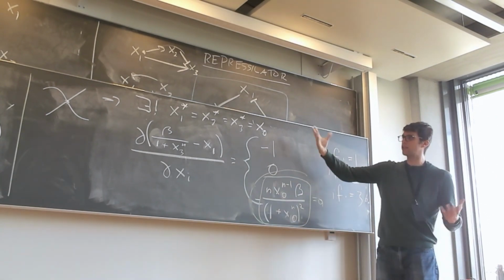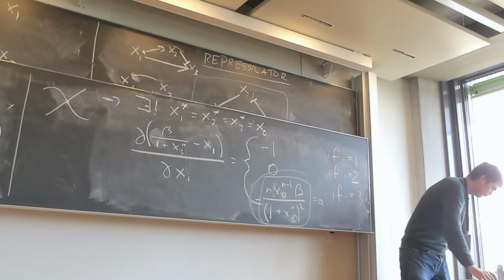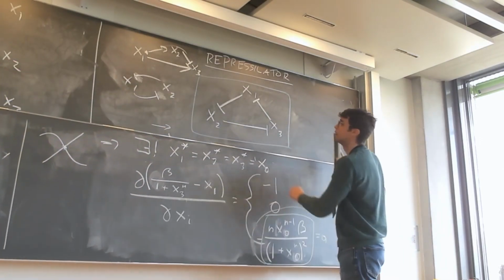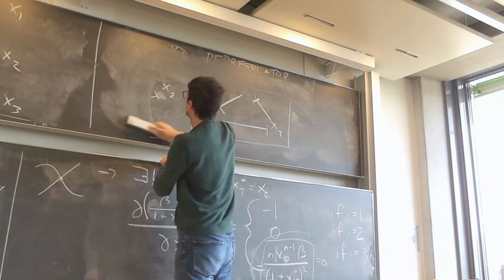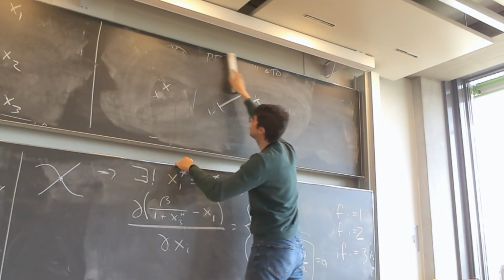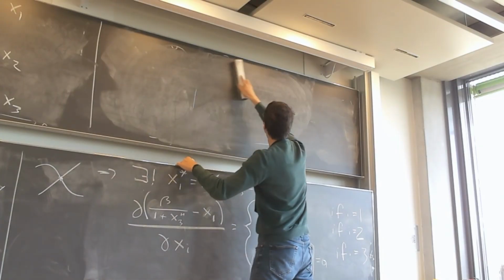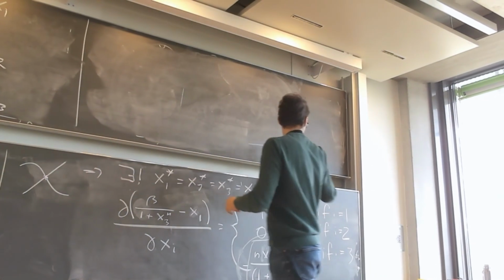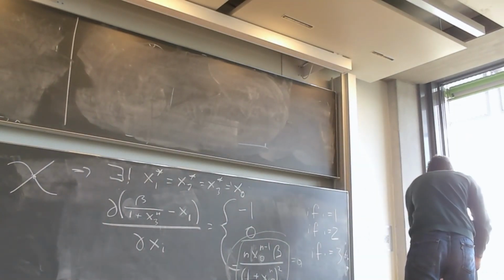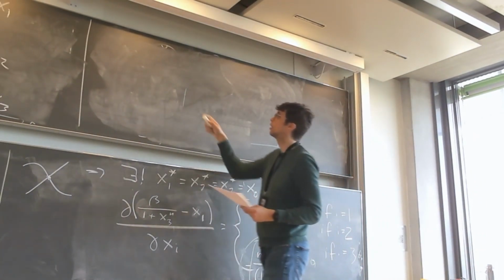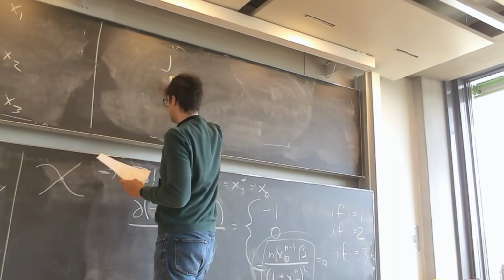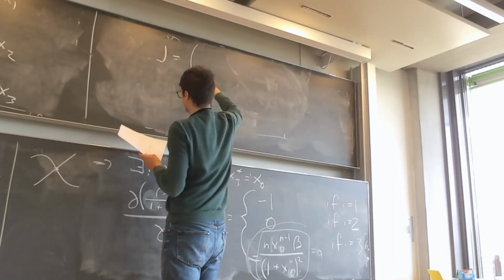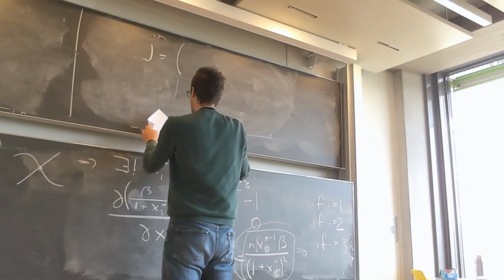So the structure of our Jacobian is kind of simple. It, of course, has to be a 3 by 3 matrix. Our ODE has 3 components and 3 variables. So our Jacobian around our fixed point is of this form.